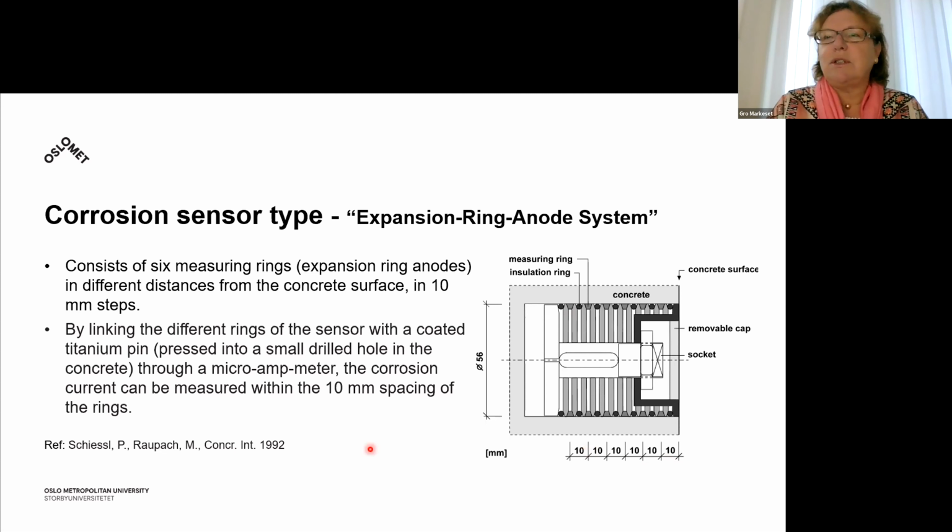And those different rings could then be linked to a coated dynamic pin. And using a microamperemeter, we could measure the corrosion current in different intervals illustrated here. So that is the principle of the Expansion Ring-Anode System.